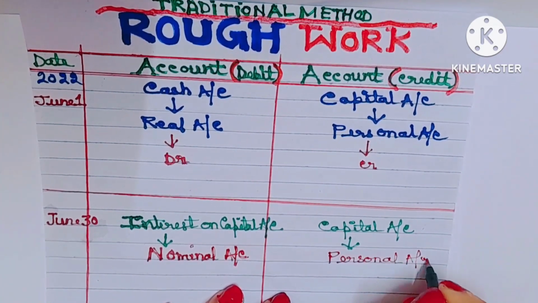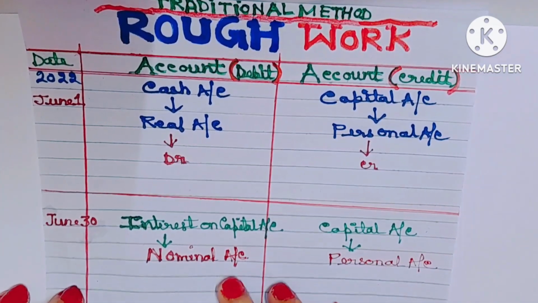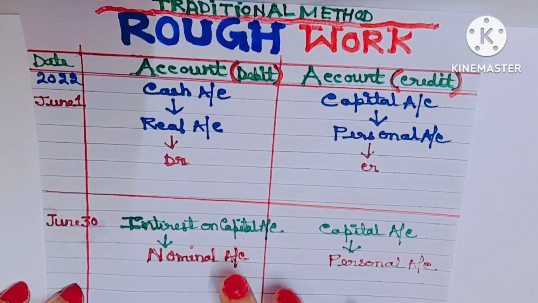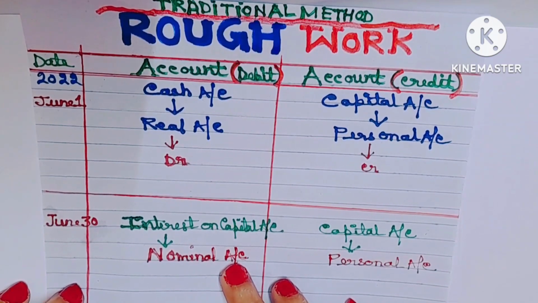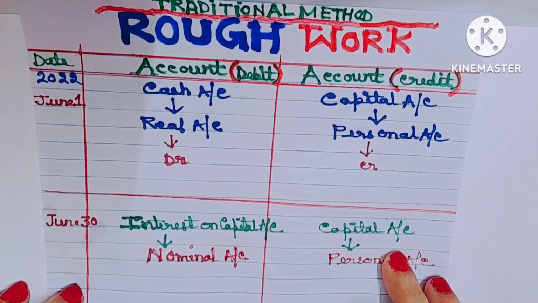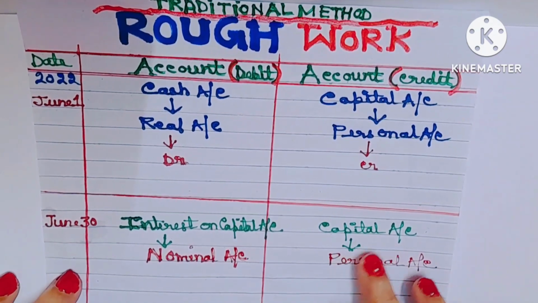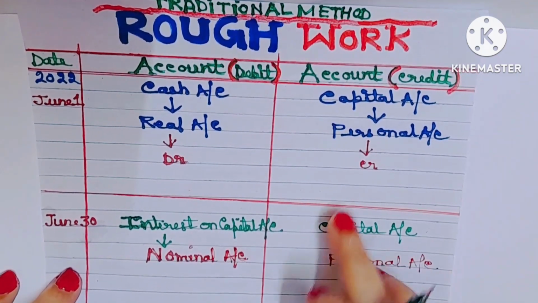Okay. Now should we debit interest on capital account, or should we credit interest on capital account, or should we debit capital account, or should we credit capital account? I've already told you capital account should be credited.